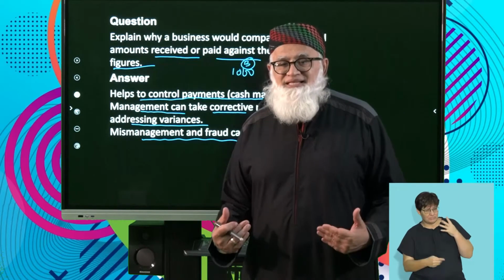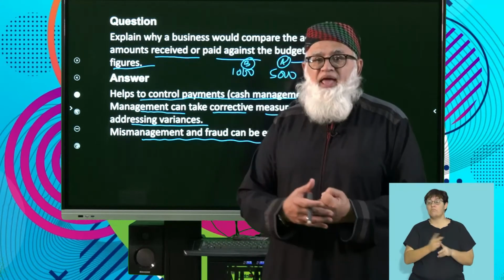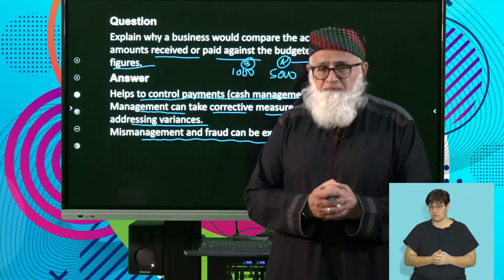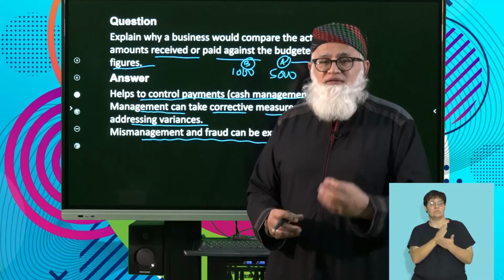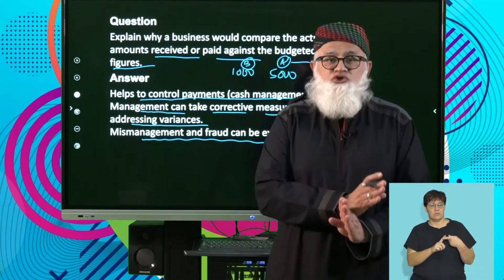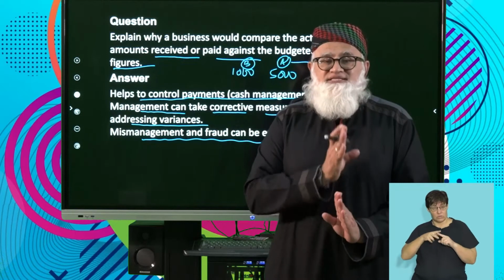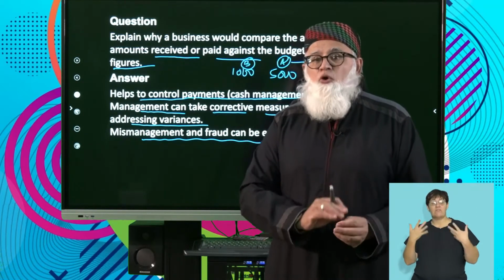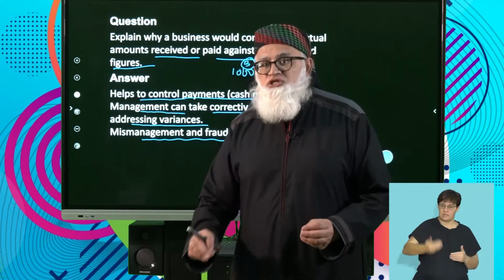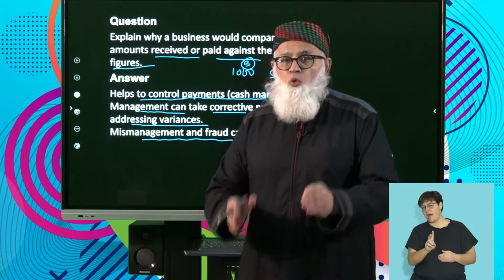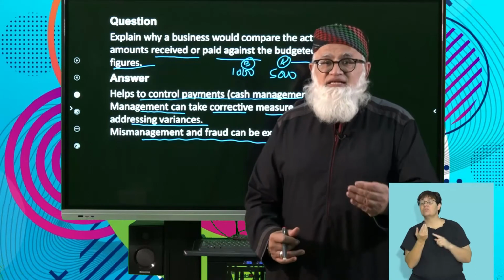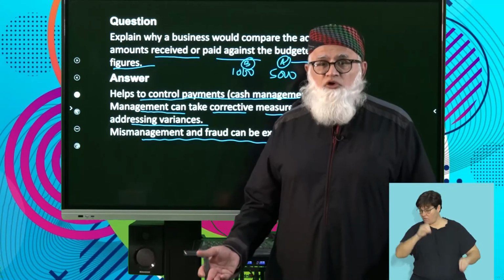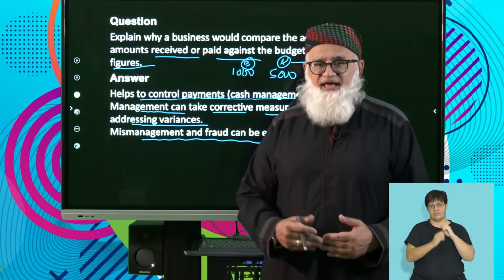All of that means that when you prepare your cash budget, it is done with this purpose to ensure that one, it is a forecasting tool, and also it is something that once it is prepared, we refer to it on a continuous basis to see why there are variances, and if the variances indicate mismanagement and fraud, we need to take corrective action.